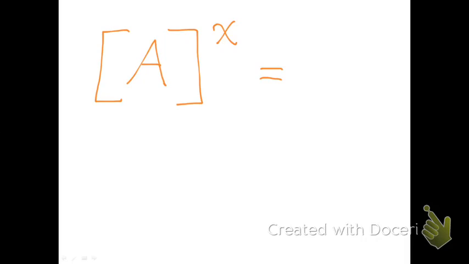If I have a concentration of a reactant, let's just say A, and it's to the x power, and I know that I have a particular factor at which the rate changes. Let's say the rate doubles, okay?